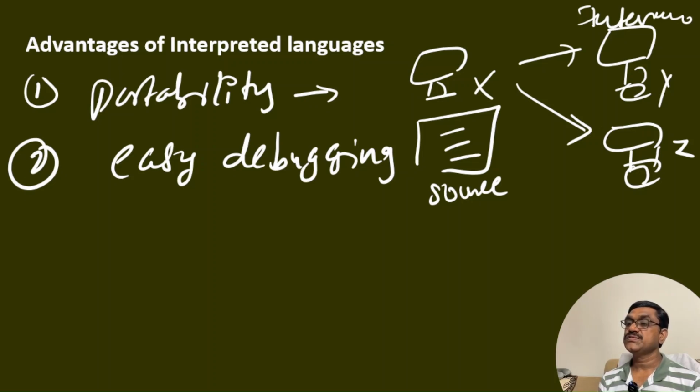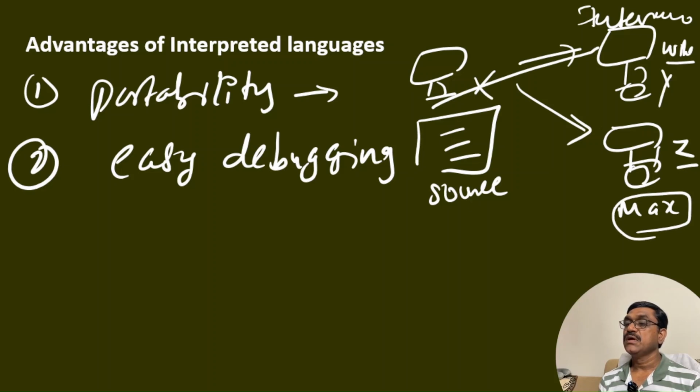Assume that Y is using the Windows operating system and Z is using the Mac operating system. The source code written at X is sent to Y as well as Z. The corresponding interpreters are already installed at Y and Z. Now the source code copied to Y is automatically executed on Windows, and also on Mac, directly executed on different machines even though they have different operating systems.